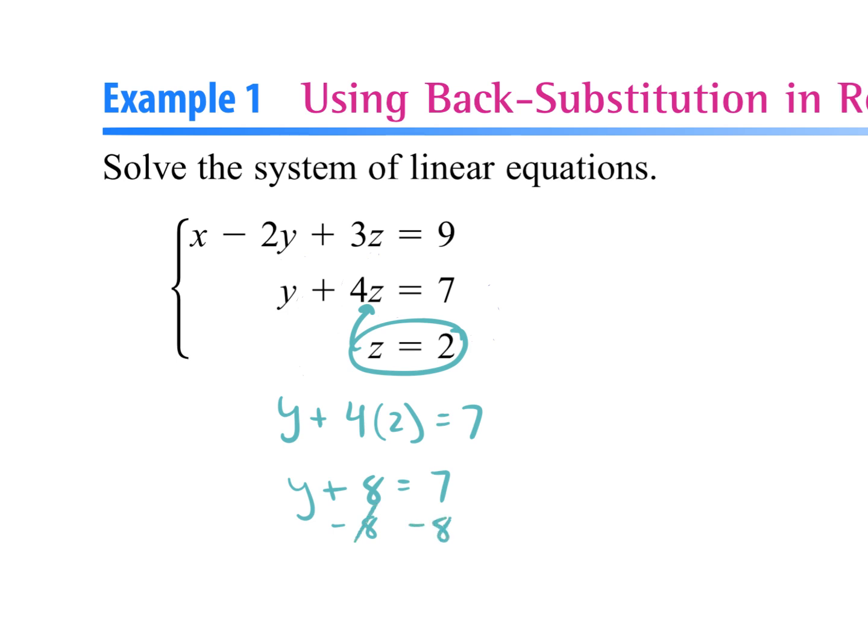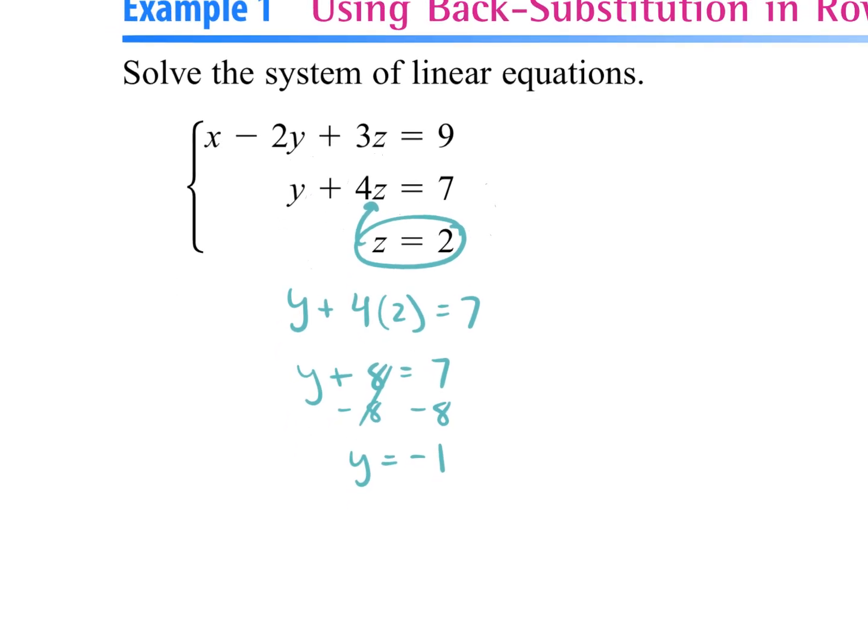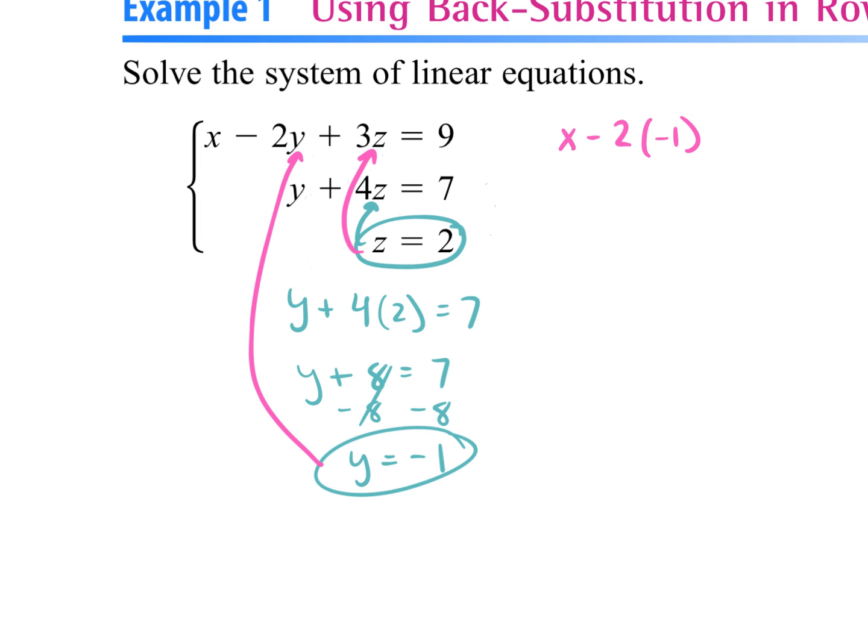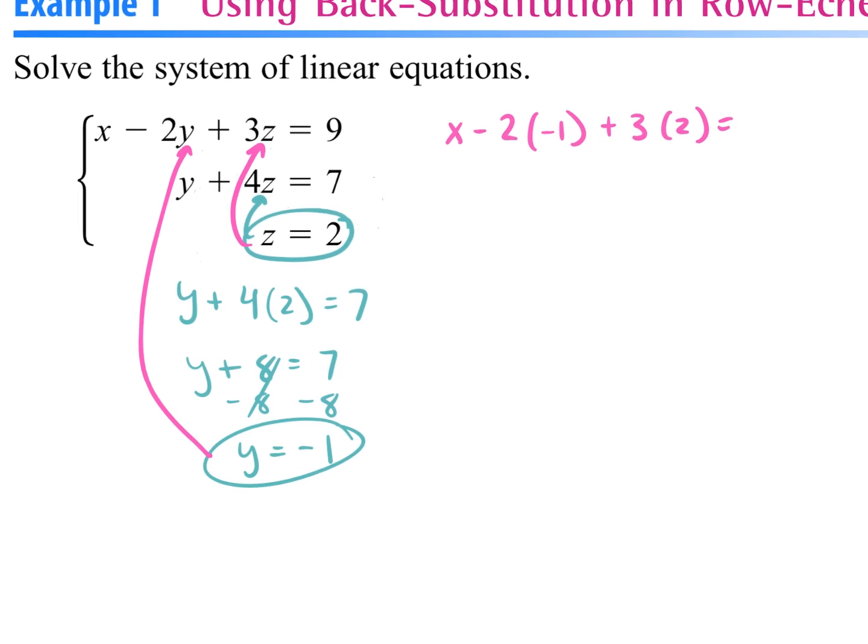Subtract 8. So y equals negative 1. So now that I found what y is equal to, what could I do next? Awesome. We're going to plug z into z and y into y. So we've got x minus 2 times negative 1 plus 3 times 2 equals 9.